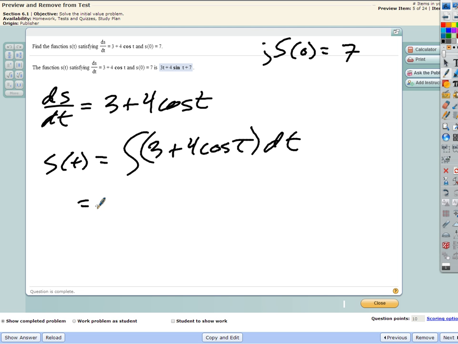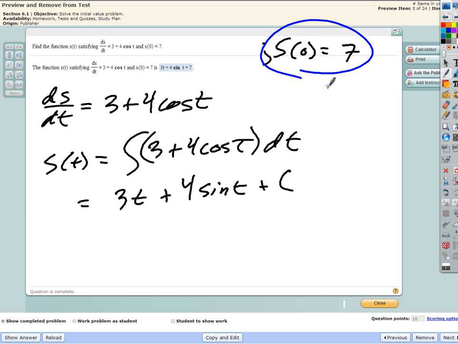What's that indefinite integral, or antiderivative? 3t plus 4 sine t, because the derivative of 4 sine t is 4 cosine t, and the derivative of sine is positive cosine, right? Plus C.